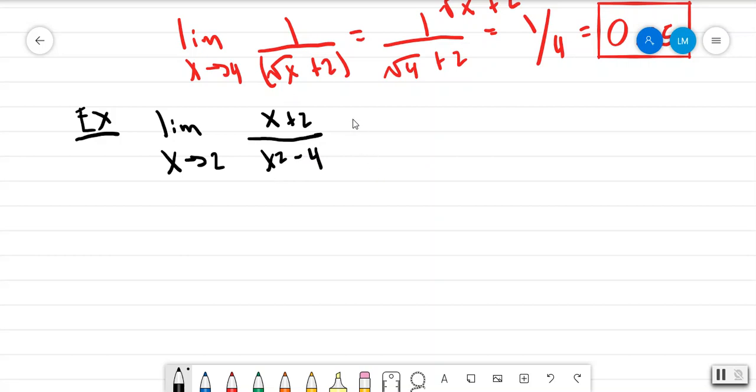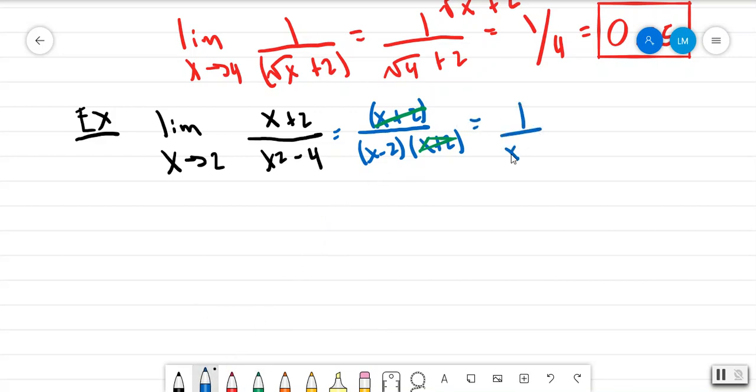This is a little special because if I rewrite this as x plus 2 divided by x minus 2 and x plus 2, I can see that this is going to cancel out the factor of x plus 2, which means the function reduces to 1 over x minus 2.